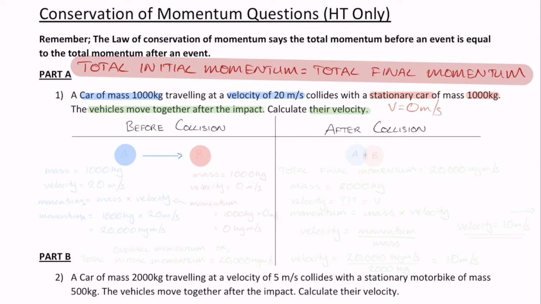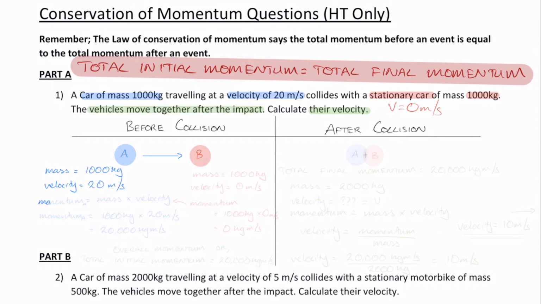Let's label those A and B. Now, what do we know about A? A has a mass of 1,000 kilograms and has a velocity of 20 meters per second.